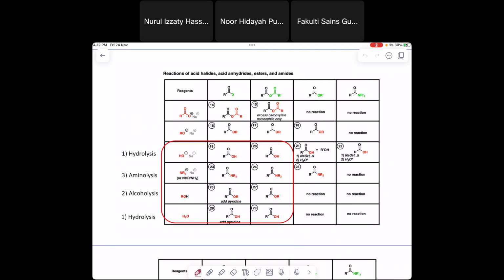But pretty much very simple for anhydride. Here, first hydrolysis, just use water, and you will get the same carboxylic acid.